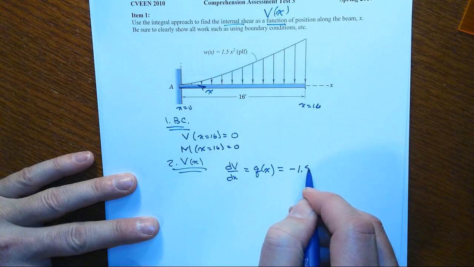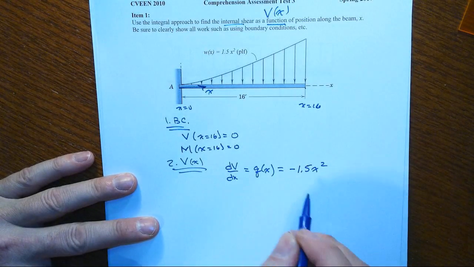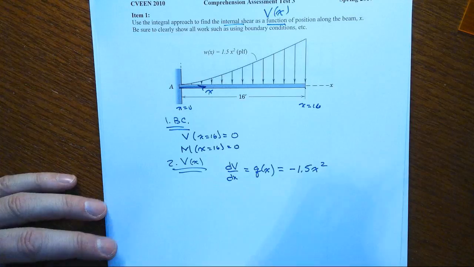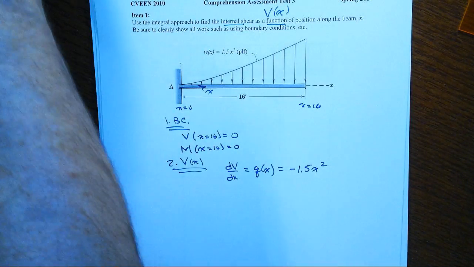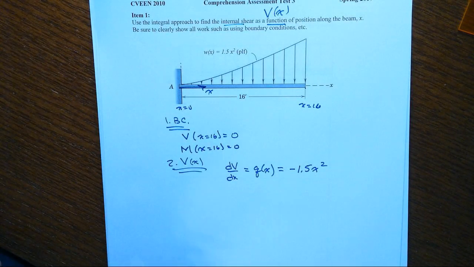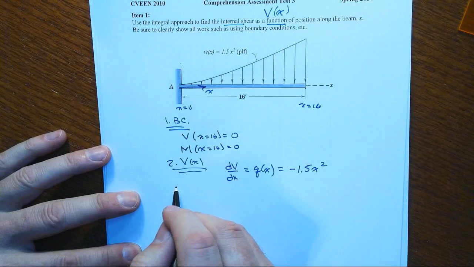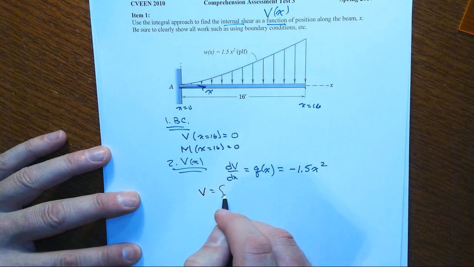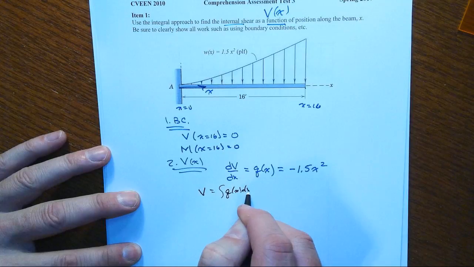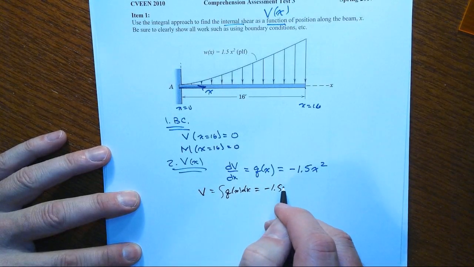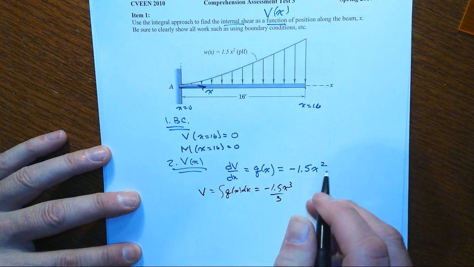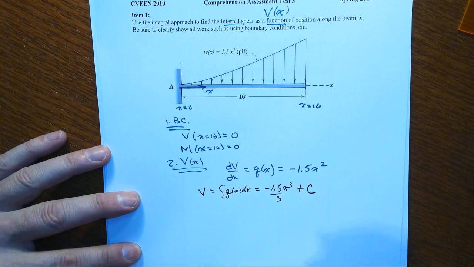So since the load is downwards, then we have to get that minus sign in there correctly, and there's your minus 1.5x squared. And so now we find our shear by integrating the load, and that'll be minus 1.5x cubed over 3 plus our constant of integration.